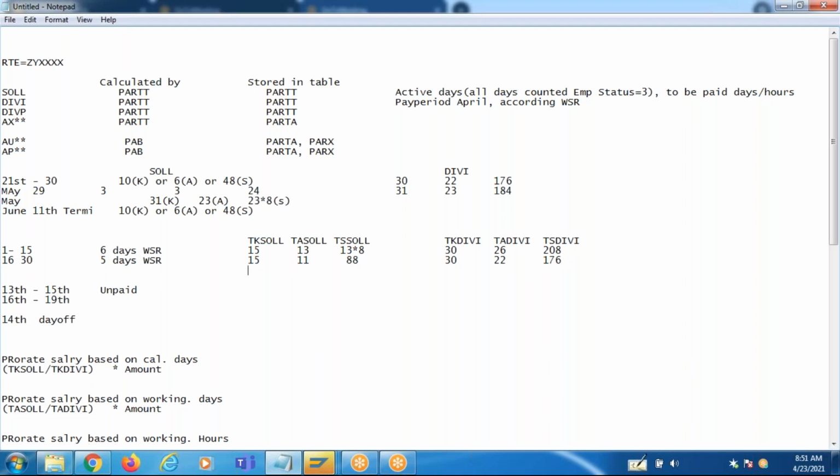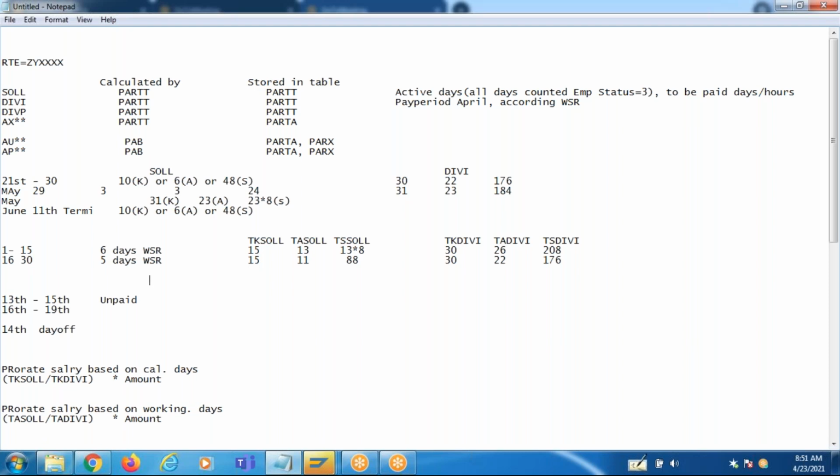Now here we have TKAU, TAAU, TSAU for unpaid leaves.